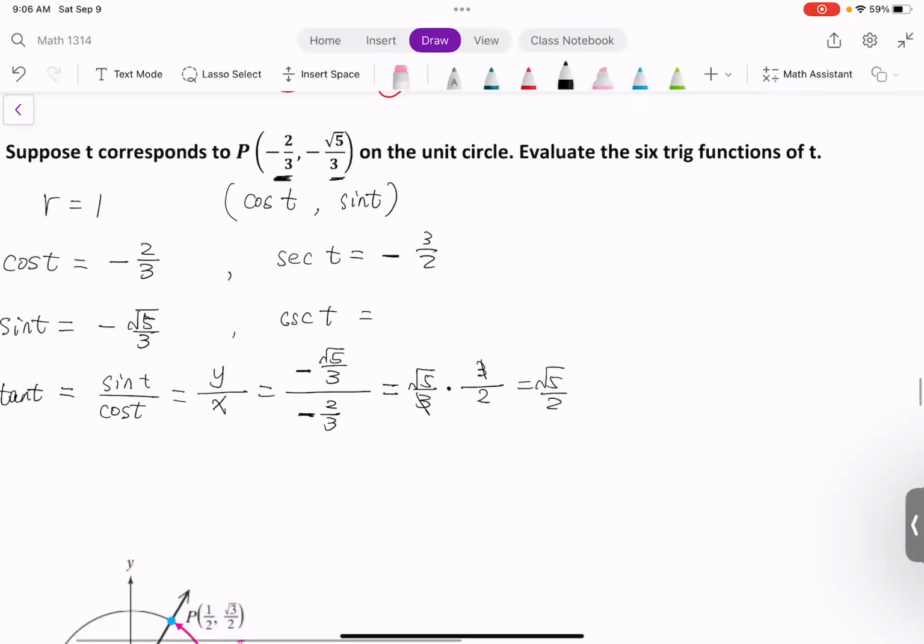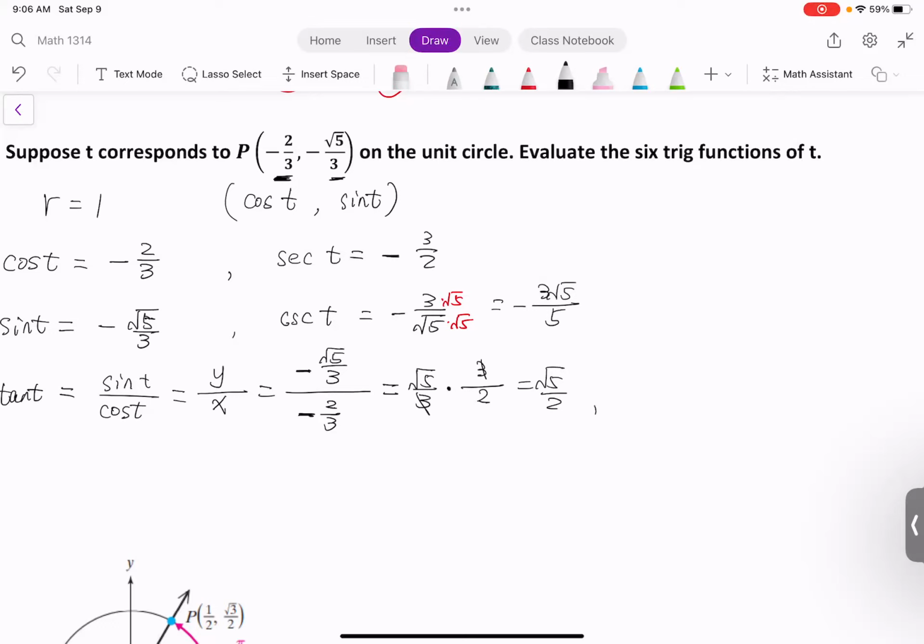Cosecant t is -3 over square root of 5. I need to rationalize this one: multiply by square root of 5 over square root of 5. I get negative 3 square root of 5 over 5. Nothing can be simplified, so keep this value.